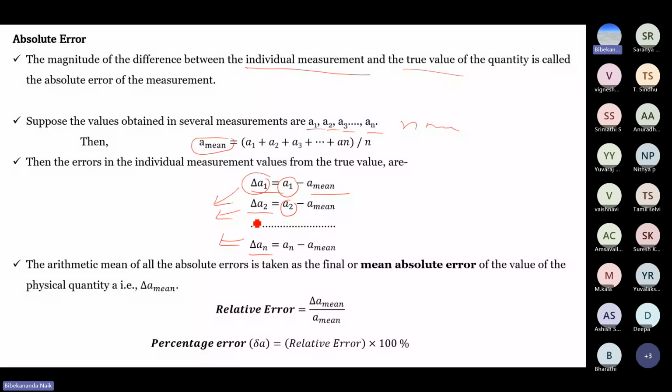To get the absolute value, we take the mod of delta A. If you add all these mods, delta A1, delta A2 and so on, and take the mean, that is called mean absolute error. So absolute error is the difference between the mean value and each observation or measurement value, and the mean of all these absolute errors gives you the mean absolute error.